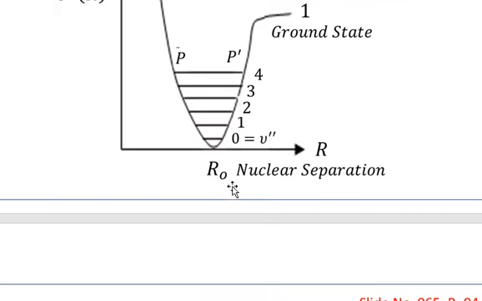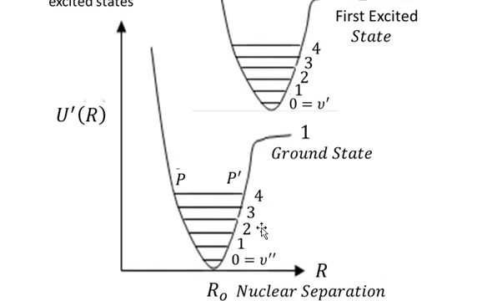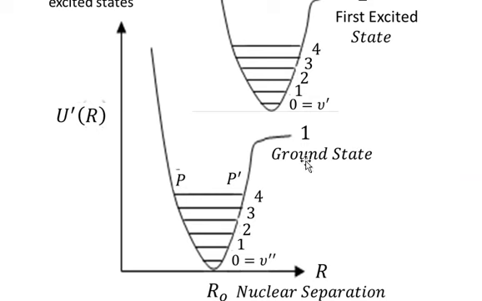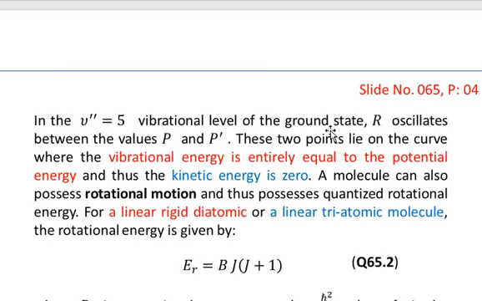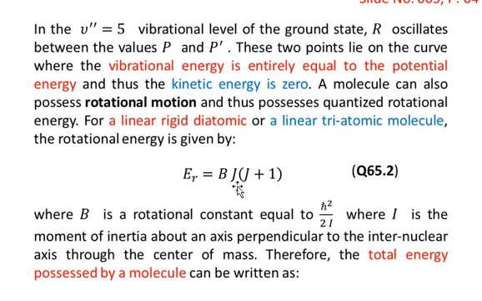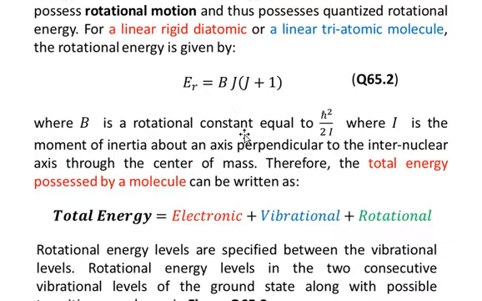You see that here we have the vibrational quantum number represented by V double prime for the ground state and V1 prime for the first excited electronic state. But here capital J is the rotational quantum number, where B is the rotational constant equal to h bar squared over 2I, where capital I is the moment of inertia about an axis perpendicular to the internuclear separation, through the center of mass.